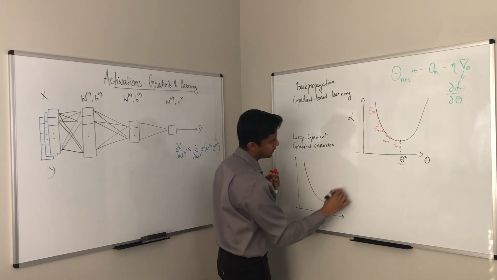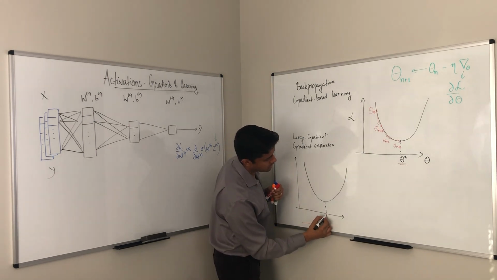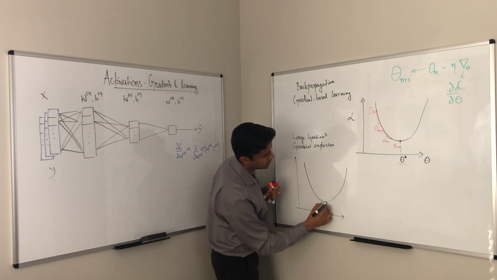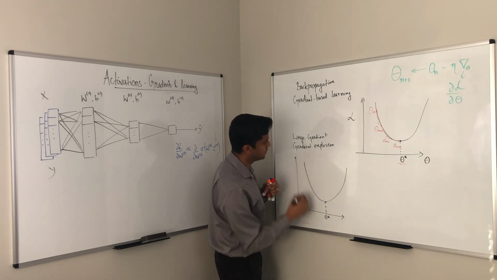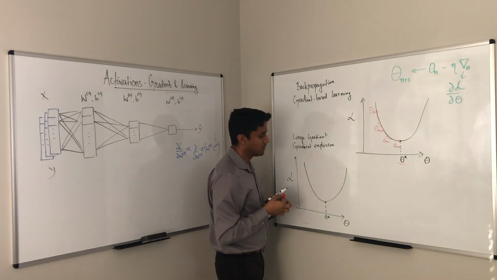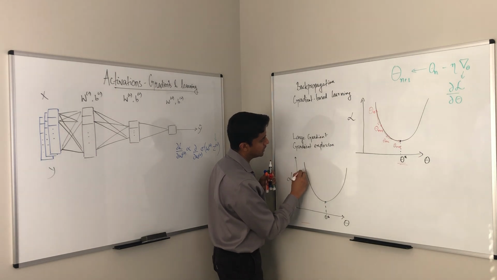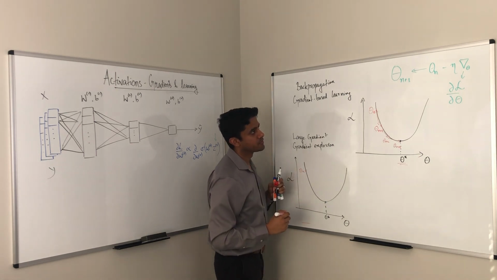This is what happens if I have the same loss function and this is my theta star. I want to come here. This is loss, this is theta, and I started here with theta n.